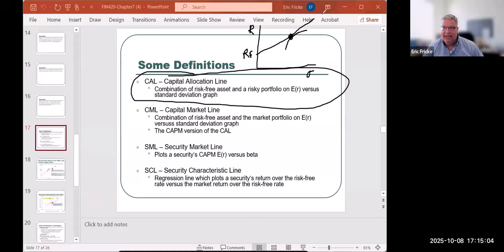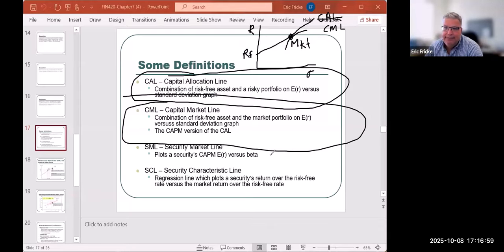That was the CAL. Then we said, okay, let's make the optimal portfolio the market portfolio, and this CAL becomes the CML, the capital market line. Everything's the same thing. All we did was assume that the optimal portfolio is just the market. And that's the CML.